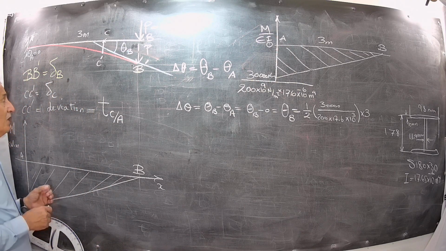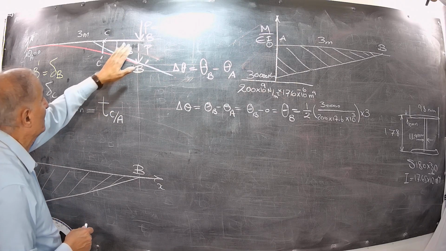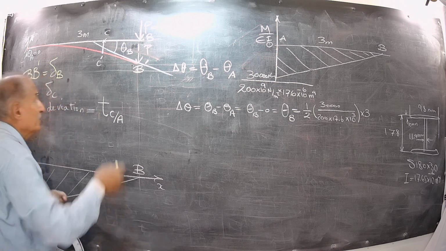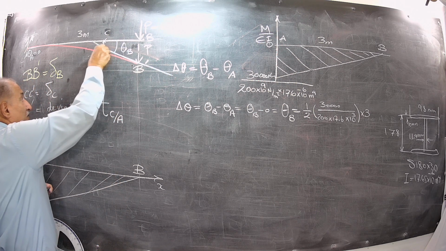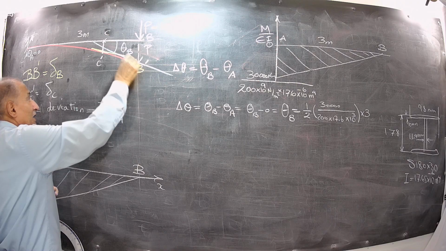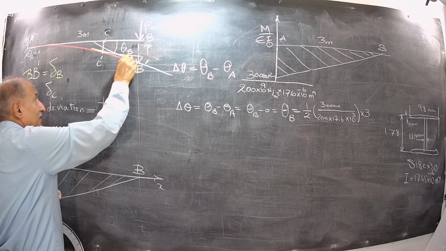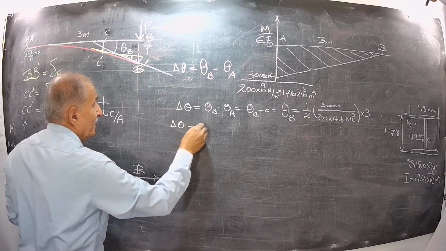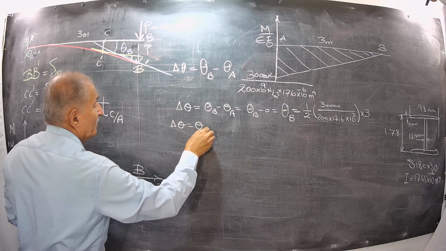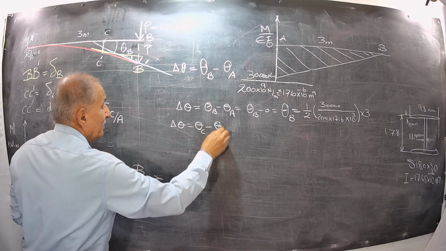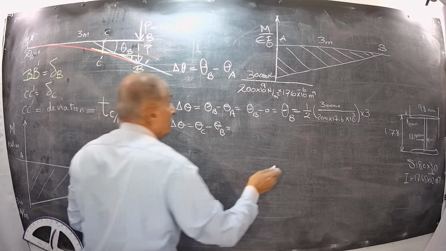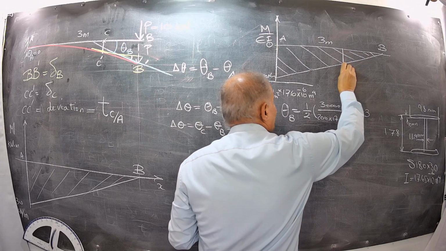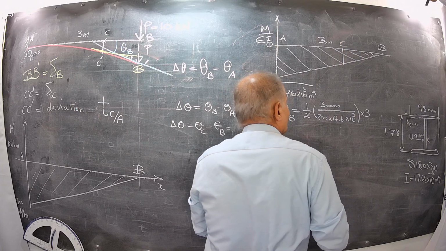For example, if I wanted to find the difference between theta at points B and C, I draw another tangent at C to the deflected shape of B, and this angle is the change, delta theta here, theta C minus theta B, which is equal to the area between B and C, this area.